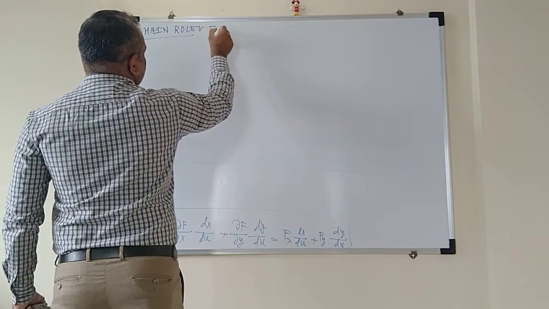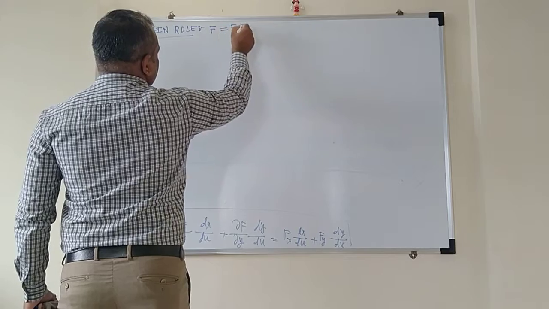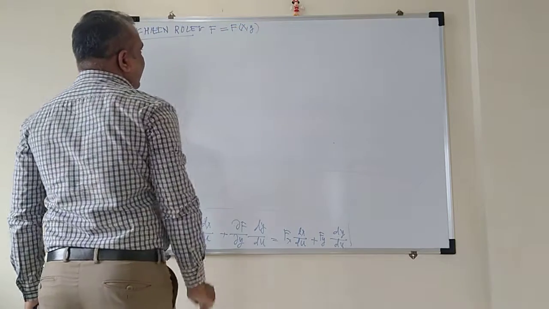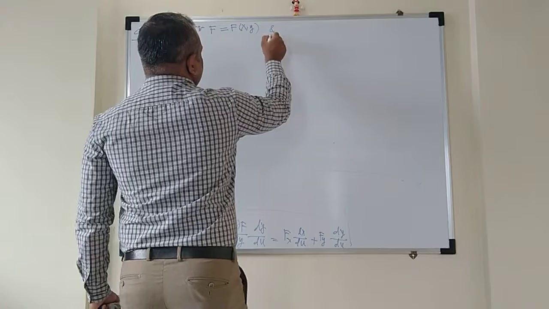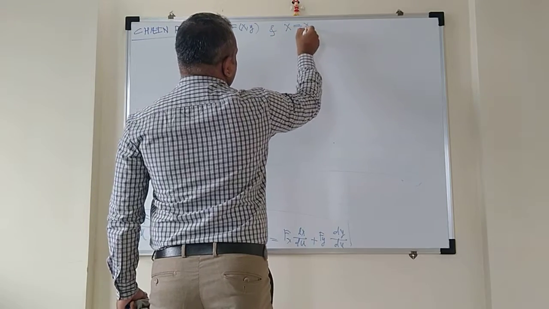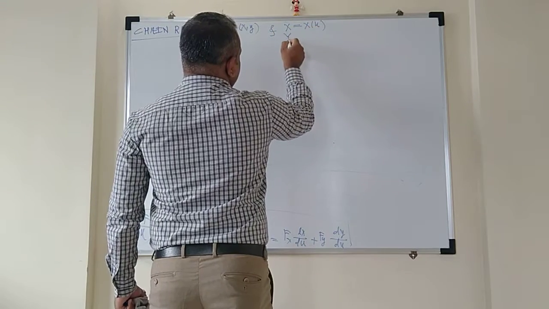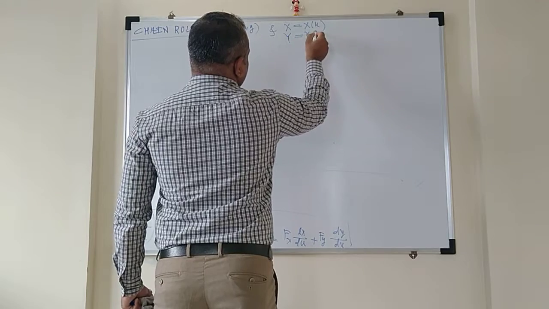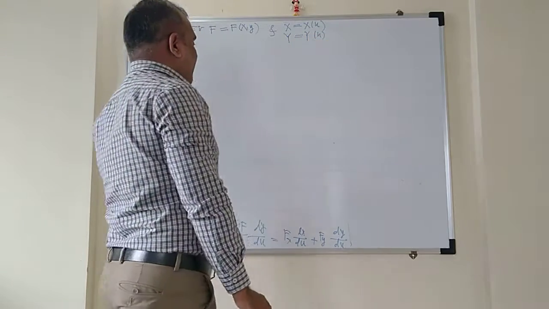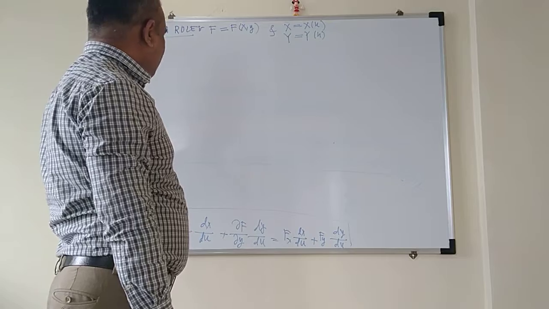First case is your function f is a function of two independent variables x and y, and your x is a function of u and y is a function of u both. Then what is the chain rule that we got?